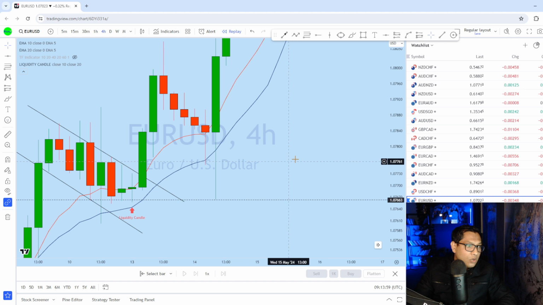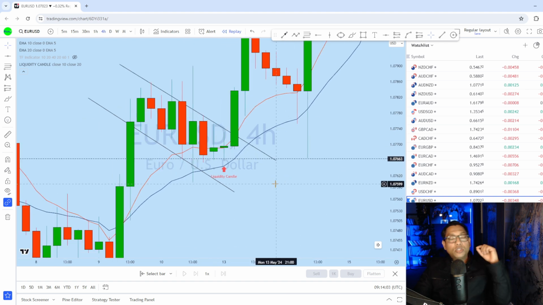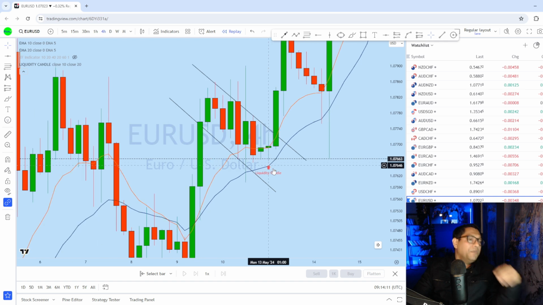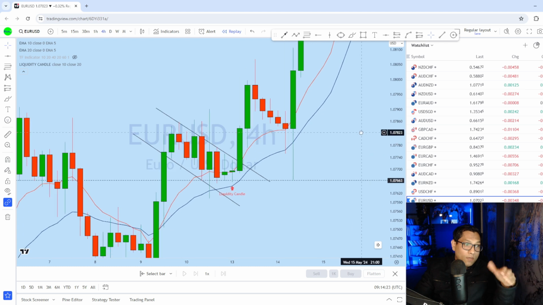To understand this kind of liquidity candle, the most important part is to look at the trend. As you can see, 20 EMA is below, 10 EMA is above. When the trend is up and the liquidity candle formation is towards the upside after a strong pullback, that's where the high probability trade setup comes into place, and one must trade that liquidity candle with proper risk management, which is key.